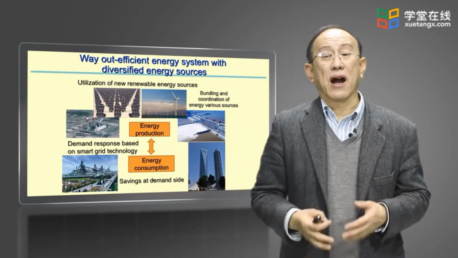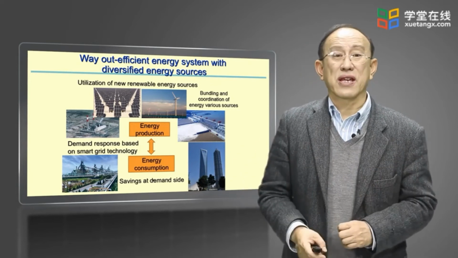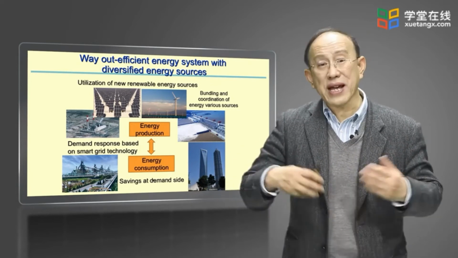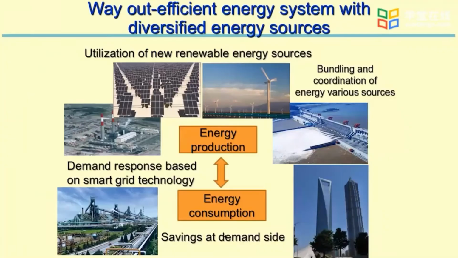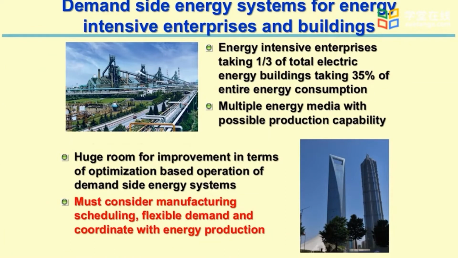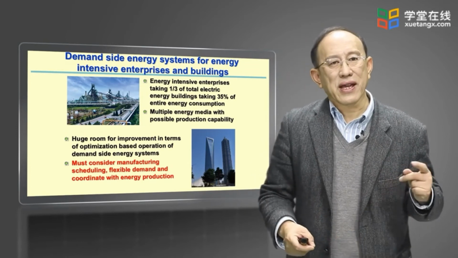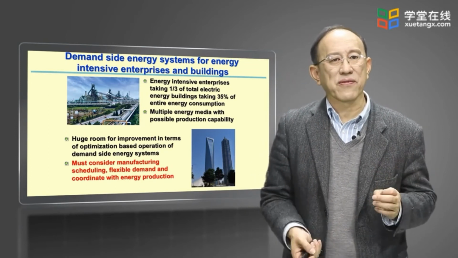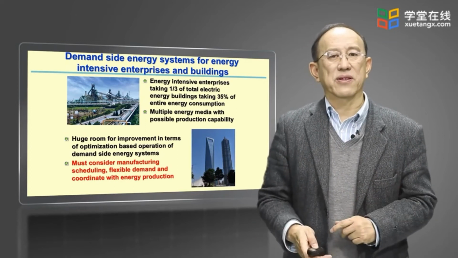Those are the approaches we can use to reduce fossil energy consumption and make our energy system more efficient. On the demand side, energy intensive enterprises and buildings consume most of the energy. So we have to make the energy systems for energy intensive enterprises and buildings more efficient.